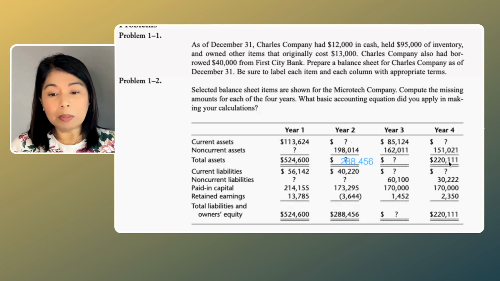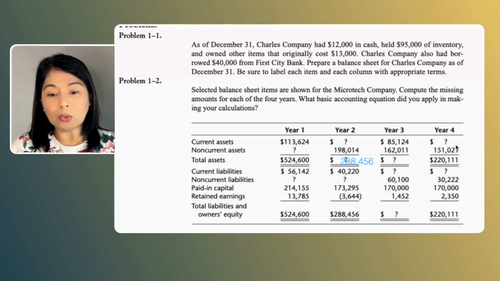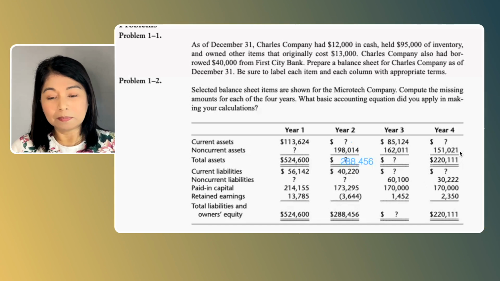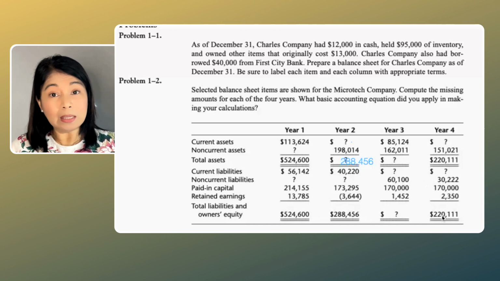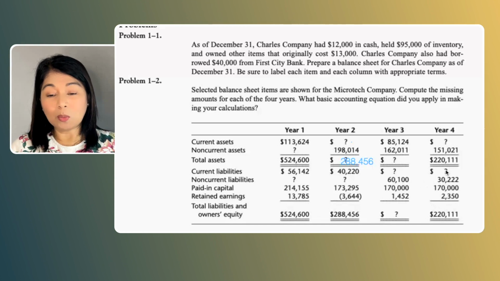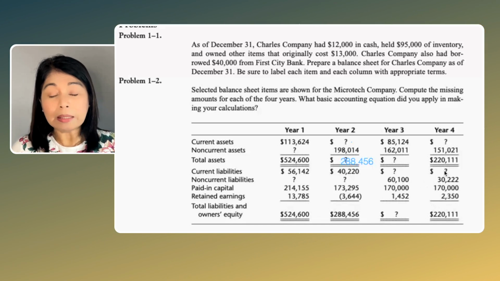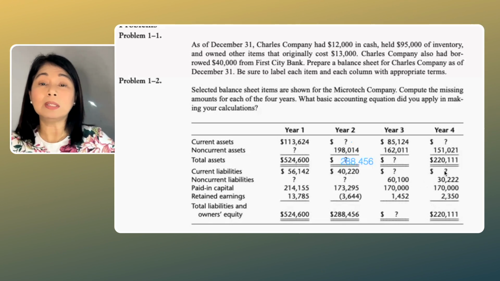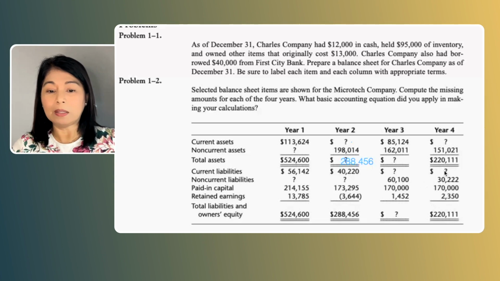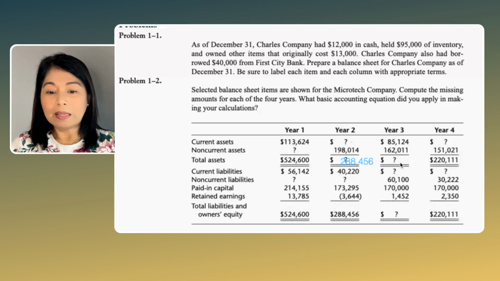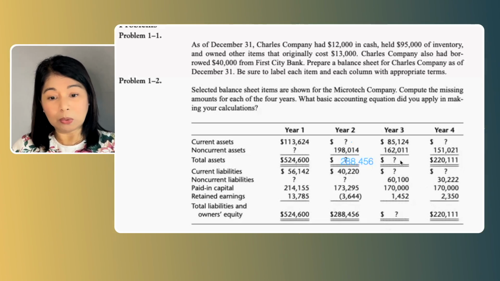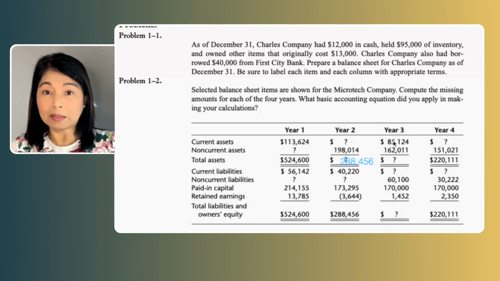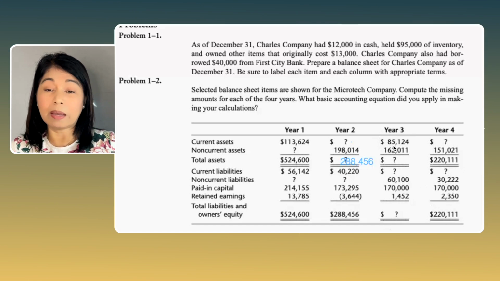Next, year 4. Very easy also because you have the total asset. So to get current asset, you just deduct 151,021. And then also easy because there is just one missing item. So once you are afraid of accounting, you see this and you might get afraid only of year 3 because you don't have totals. So you go for the top portion because they have the 2 items already.